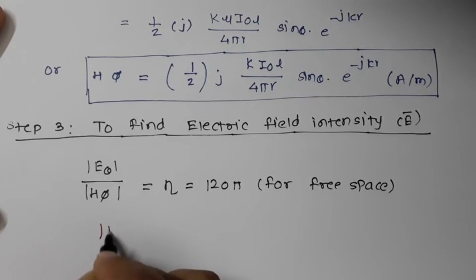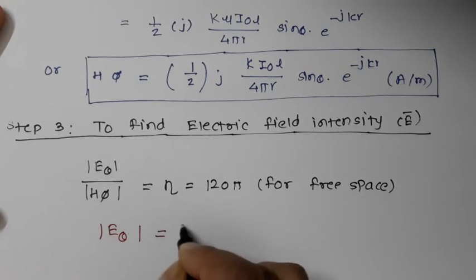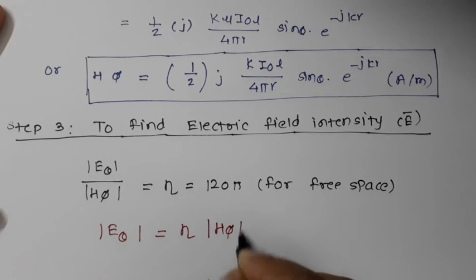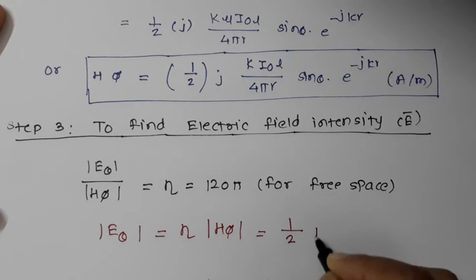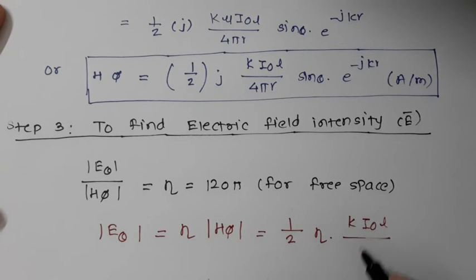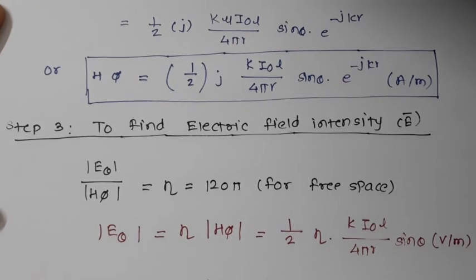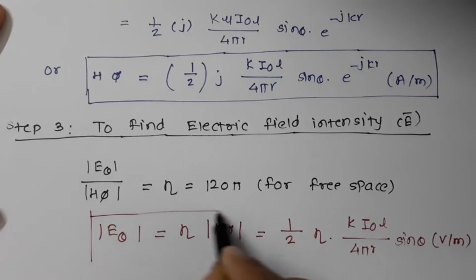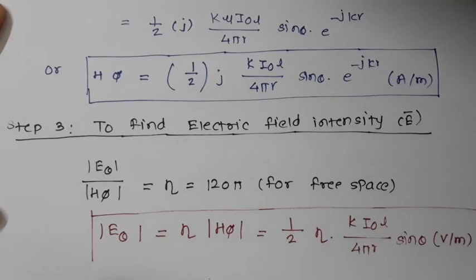So here E theta is equal to eta into H phi. So this will be 1 by 2, eta k I0 L divided by 4 pi r, sine theta, in volts per meter. So this is nothing but the E theta for small dipole antennas.